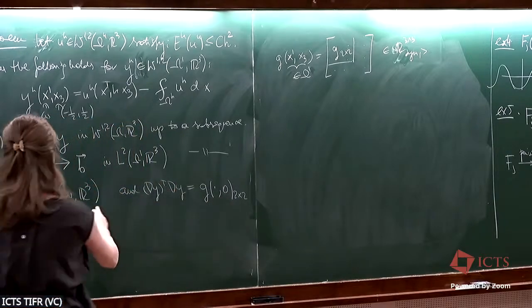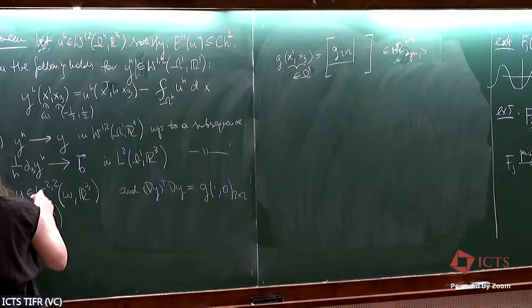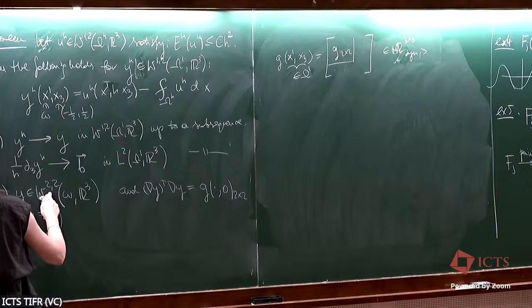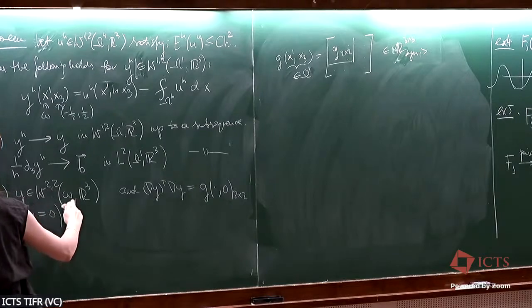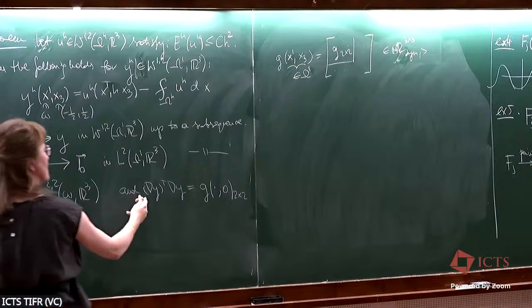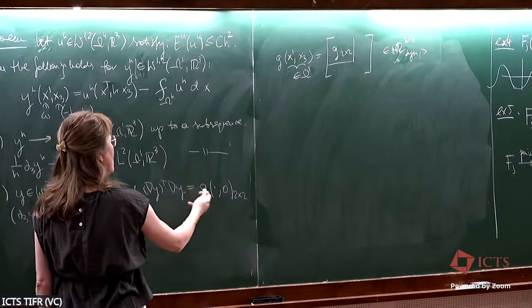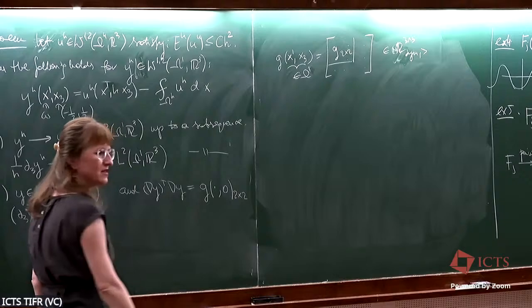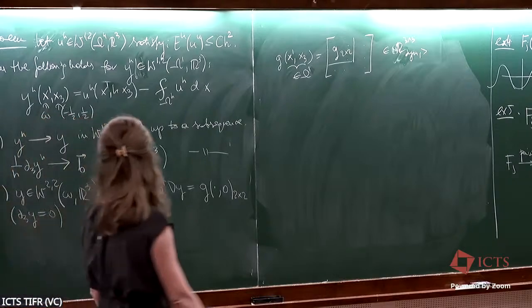And here I claim that this y, which is automatically of higher regularity than what I had, goes from 2 dimensions to 3 dimensions and is an isometric immersion of that metric. How can you think about this y?